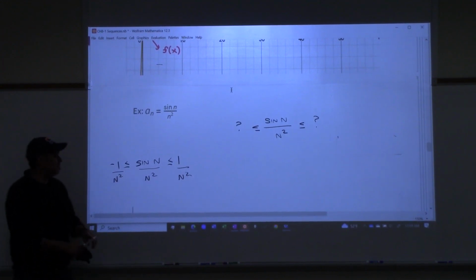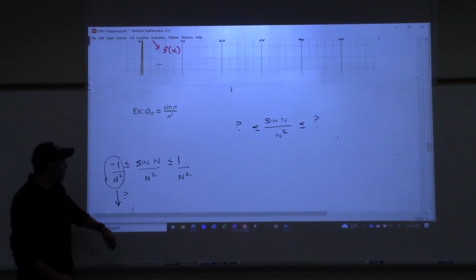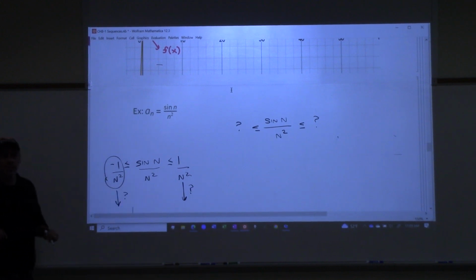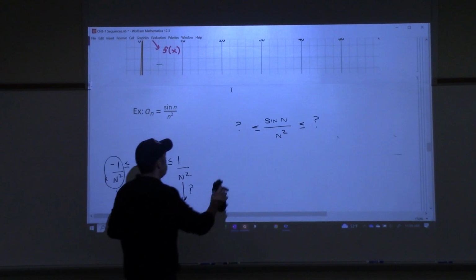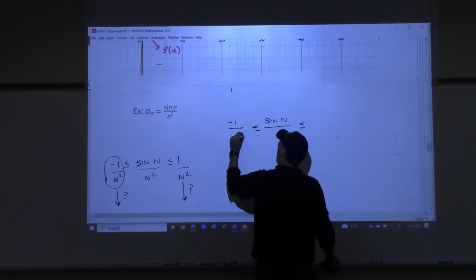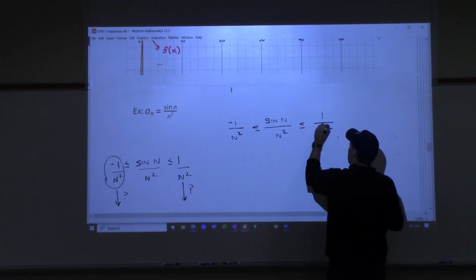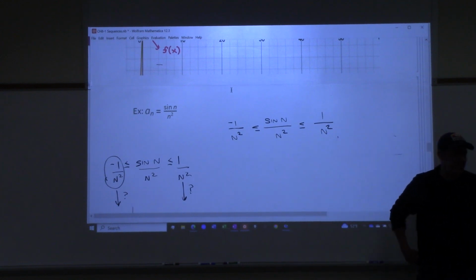Now my hope is that I know what these go to. I need these two to actually go to the same place when I take the limit and let n go to infinity. So let me do that formally now. So this inequality is true. So I have squeezed the sequence I'm interested in between two other sequences, right?